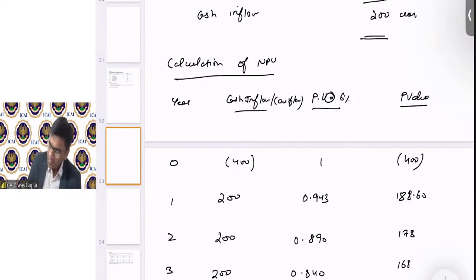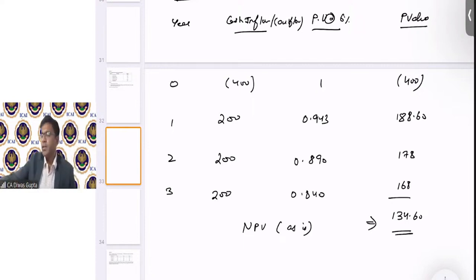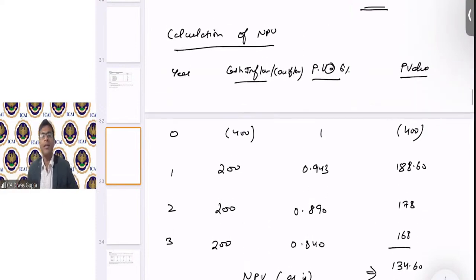Then 168. And the total becomes 134.60. So the NPV is 134.60. Okay, students, I hope this is a simple NPV calculation till now. Nothing to do with sensitivity, nothing to do with any of the changes, right?